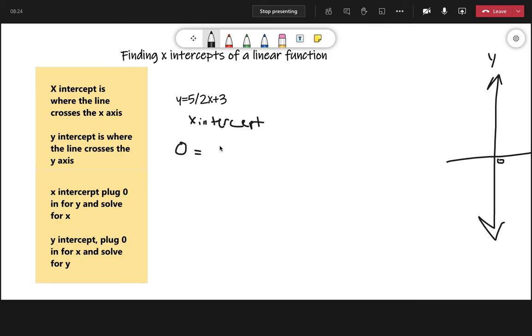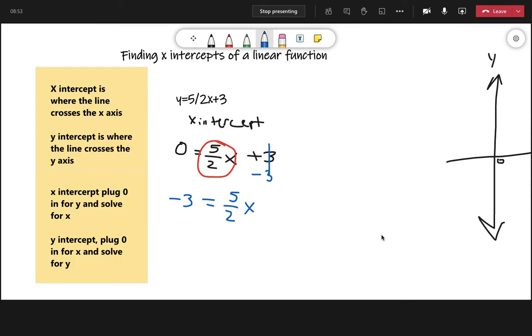So 0 equals 5 halves x plus 3. We need to get this x term by itself. So what I need to do is move the 3 over. The 3 is adding, I'm going to subtract. If I subtract 3 from both sides, those 3's cancel out, leaving me with negative 3 equals 5 over 2 x.